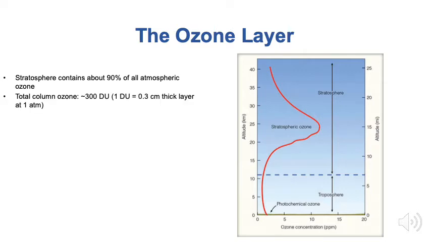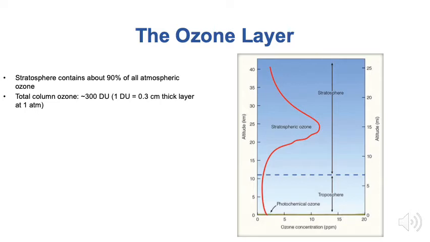So to note the total column ozone, we use these funny units called Dobson units. Total column ozone might sound a little bit similar to total precipitable water, and it's very similar in concept. Here you're not literally precipitating out ozone, but you're thinking about if you look directly overhead in a column of air, 1 Dobson unit is equivalent to a 0.3 centimeter thick layer of ozone at 1 atmosphere pressure.